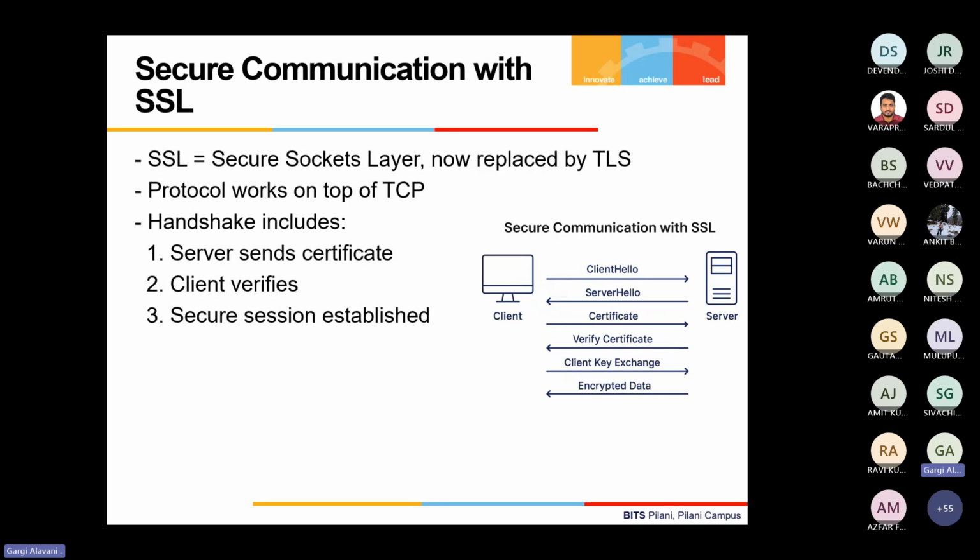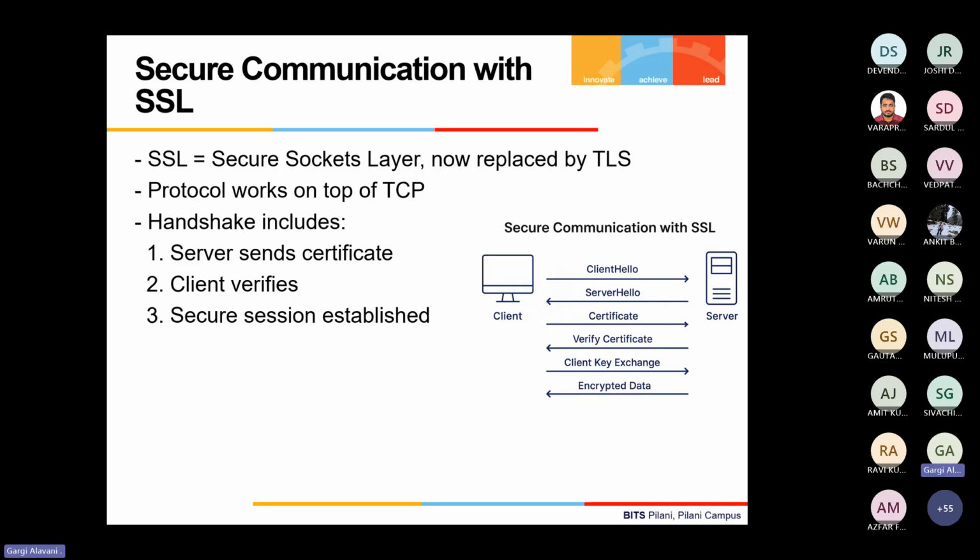So basically, it provides three very important properties. One is confidentiality. Because of encryption, it can't be read by others. You get integrity, that is, it ensures that the data has not been tampered with during the transmission. And again, authentication.